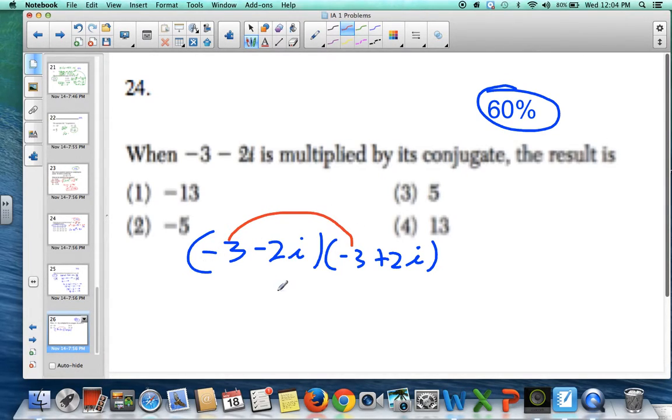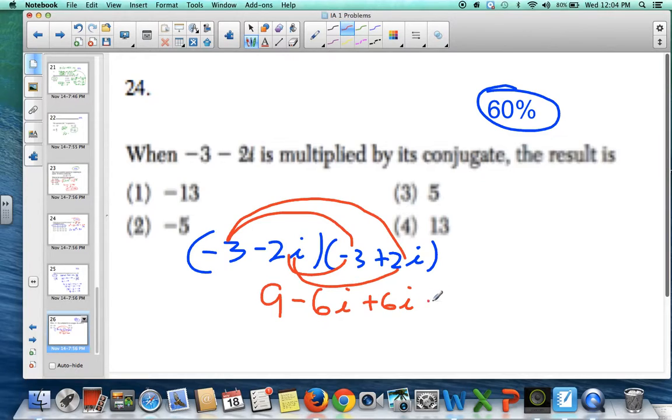Negative 3 times negative 3 is 9. And these two, negative 3 times 2i is minus 6i. Then negative 2i times negative 3 is plus 6i. And then negative 2i times 2i is minus 4i squared, because 2 times 2 is 4.